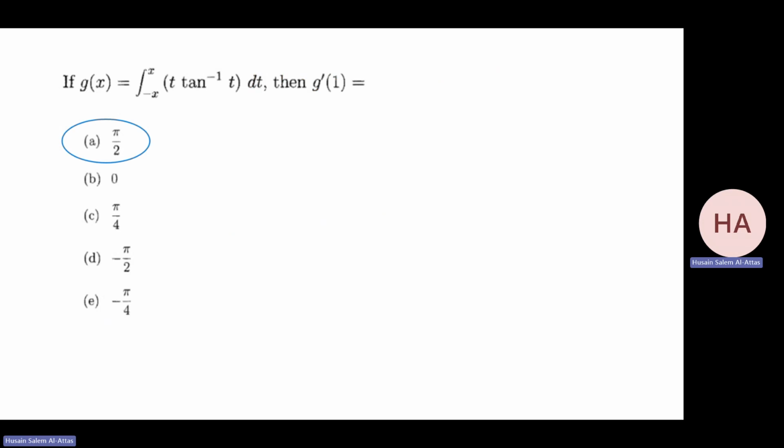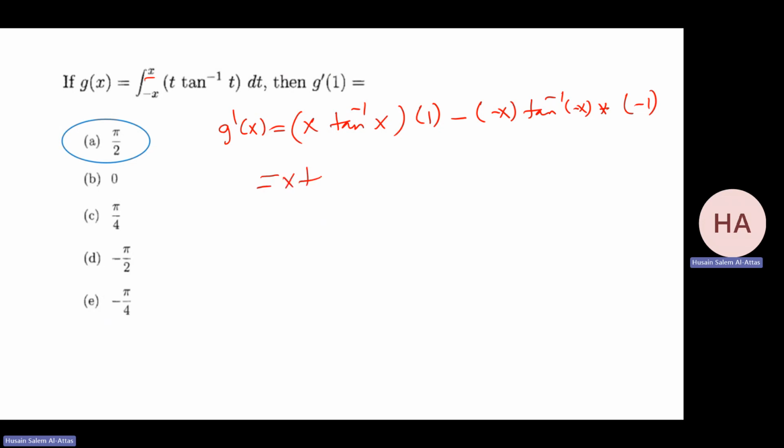I have to find g prime. G prime of x will be what? That will be x tan inverse x, derivative of x, which is 1, minus x tan inverse of minus x, derivative of minus x, which is minus 1. Be careful with calculation. Let me rewrite it. X tan inverse x, this is easy.